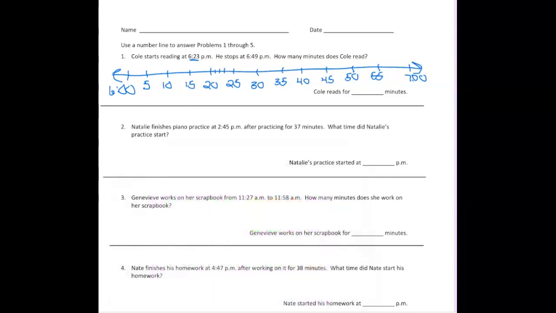And I'm going to plot my point in a different color just so you can see it. So that is 6:23. He stops at 6:49. So if we go to 45, we can then make our tick marks for the ones, 6:46, 6:47, 6:48, 6:49, and there's the time that he stops.